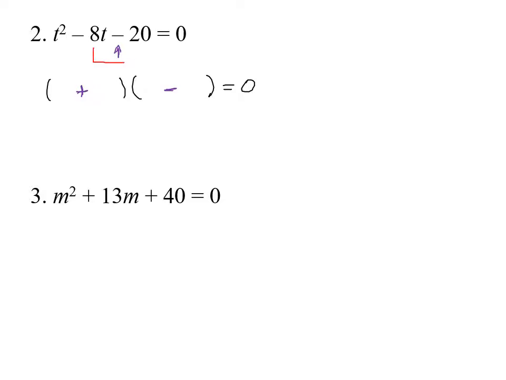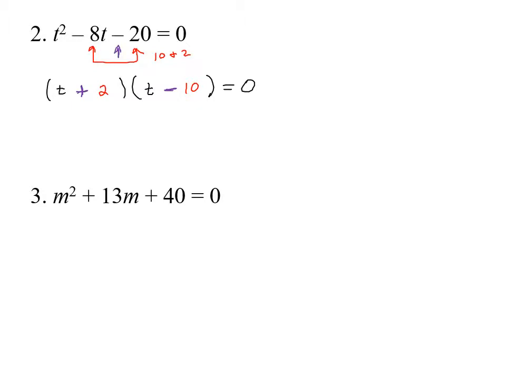And my numbers of 8 and 20 say I need 2 numbers that multiply to 20 and add or subtract to give you 8. So I'm going to use 10 and 2. 10 times 2 is 20. 10 minus 2 would give you the 8. The 8 is negative, so the bigger number gets the negative, the smaller number gets the positive, and the t squared becomes t and t.